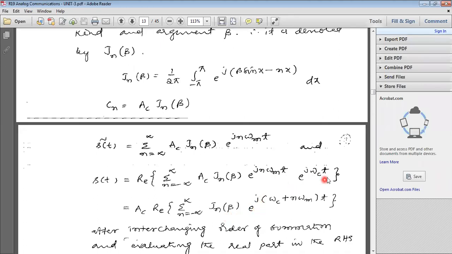From these two terms, write a common term, that is j into omega c plus n omega m into t.